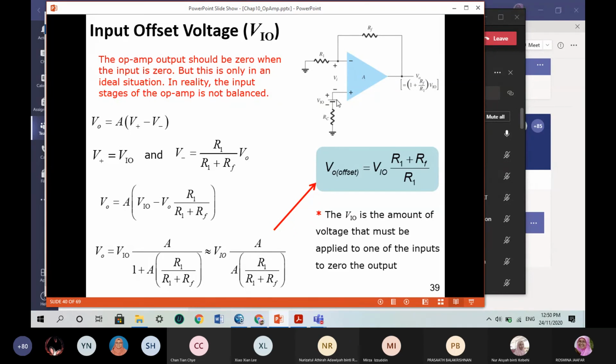Normally this is a small value to adjust so that the output becomes 0. Once your VO is 0, your op-amp is already set. Then it can amplify the signals according to what you want.